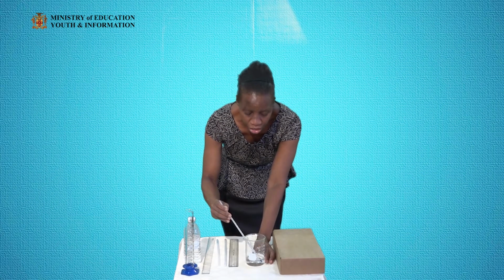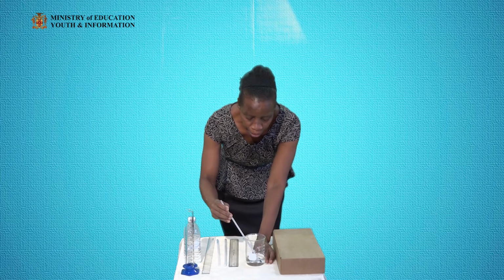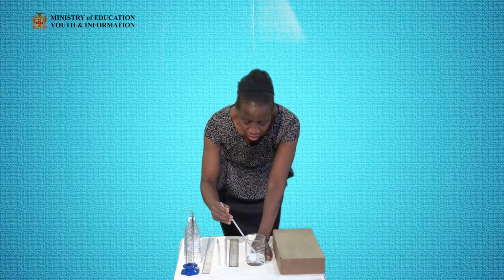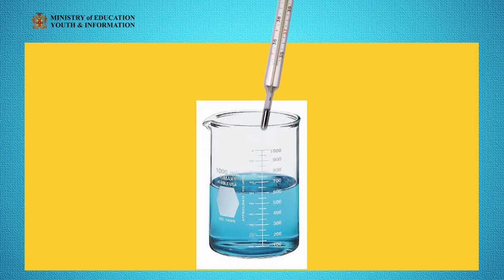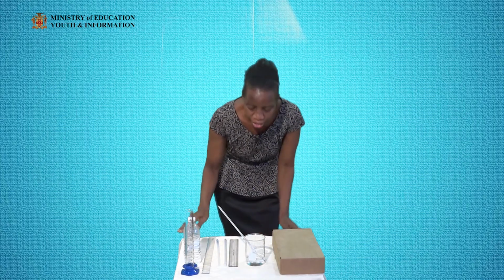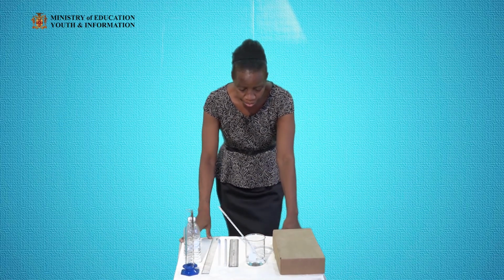It doesn't have to touch the bottom, or it shouldn't, but it should be suspended in the liquid. And you leave it for a few seconds to enable the alcohol, which is expanding or contracting based on the temperature, to settle. So you want that reading to settle, right? And so you'll allow it to stay for a few seconds.